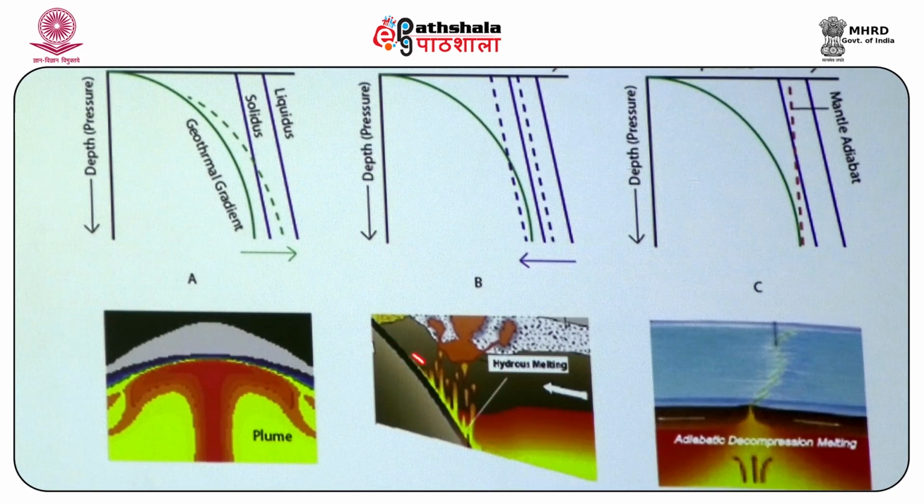Here you don't change much in terms of temperature, but you add water to the system. So there is a continuous melting that takes place in the island arc system, and you generate new magma here. The solidus remains the same because the temperature does not change here, but the solidus moves left and cuts this geothermal gradient, and then you have the melting in such cases.